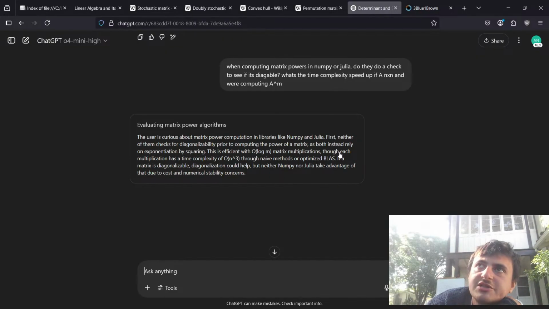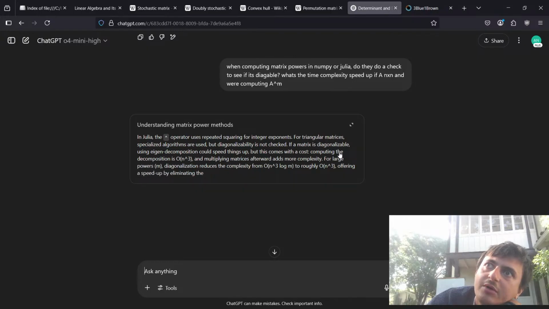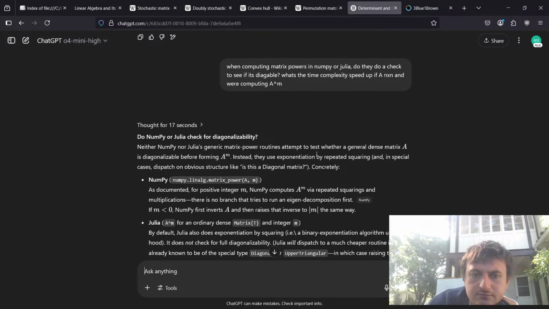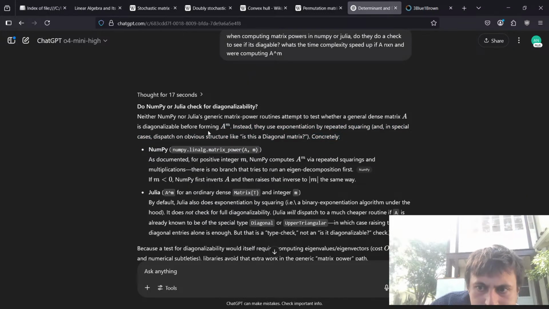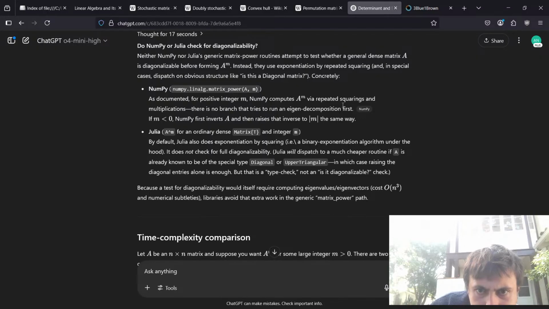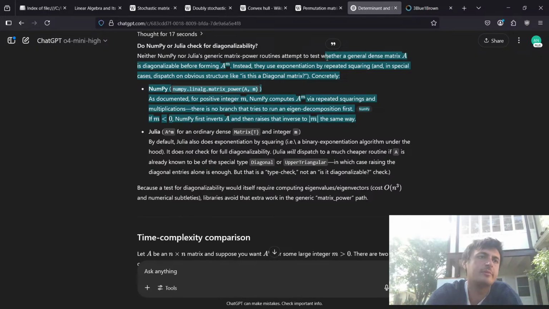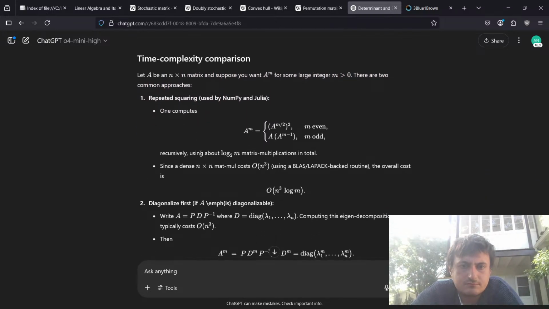It should be way faster, because matrix multiplication is n cubed, but computing a power of the diagonal is cheap.